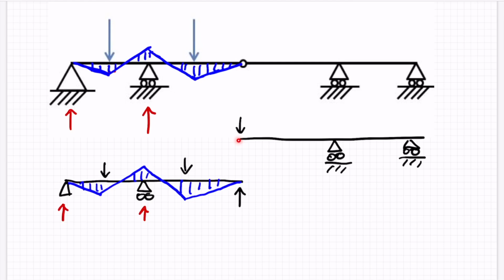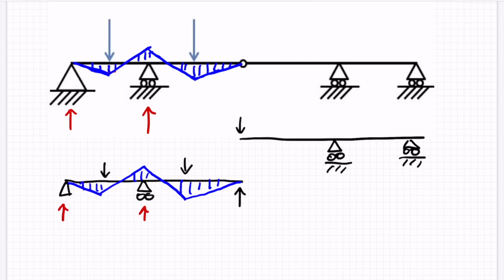Well, we need vertical equilibrium at least, because we've got a shear force going down here, and because this is a free body cut, this shear force isn't an external load, but because it's a free body, we need to consider that. So vertical equilibrium actually automatically means that we're going to have some kind of vertical reaction somewhere.